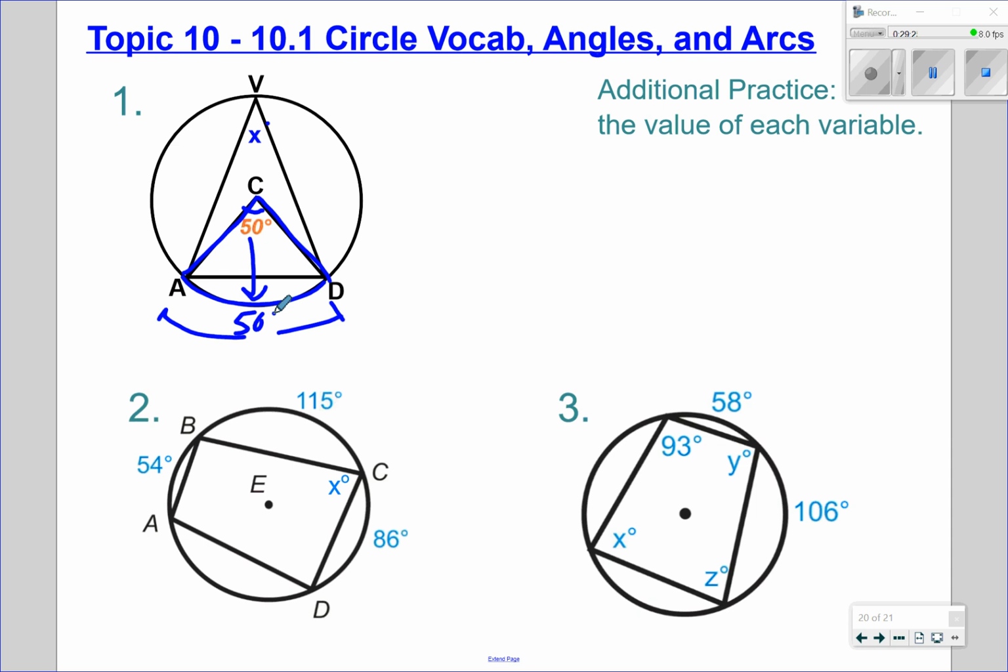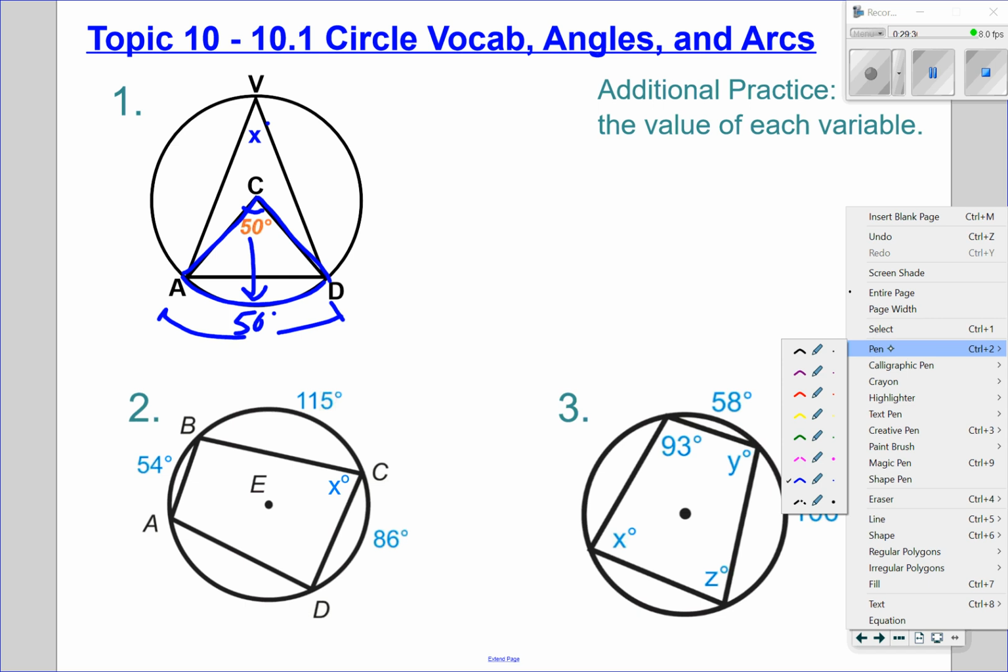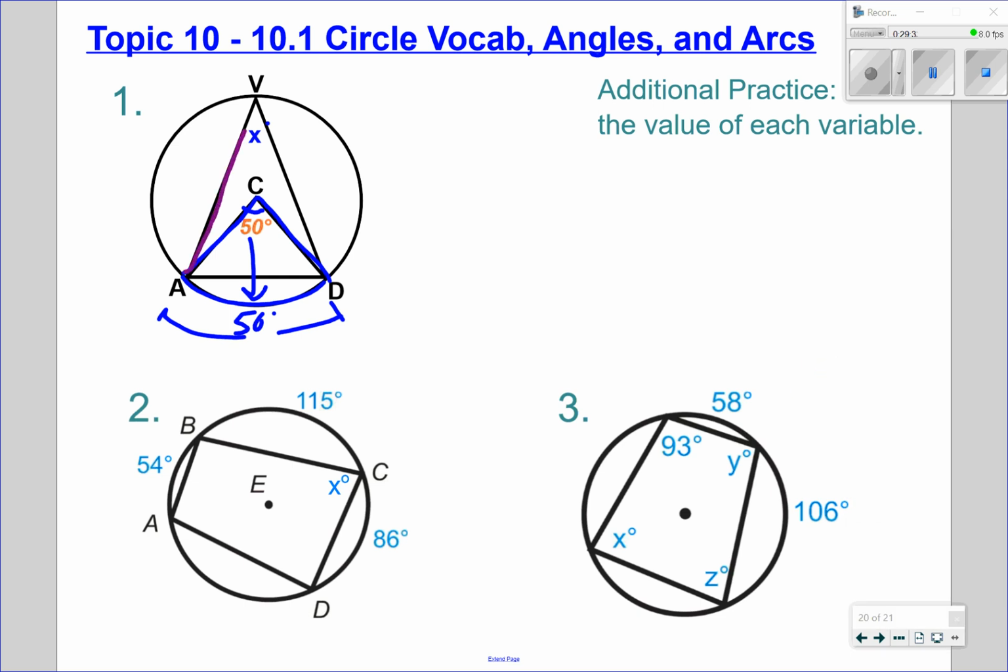So this arc is 50 degrees. X is actually representing the inscribed angle. So we know that this inscribed angle also opens up to points A and D just like the central angle did. So x must be half of the central angle or half of the intercepted arc. So x must be equal to 25 degrees.